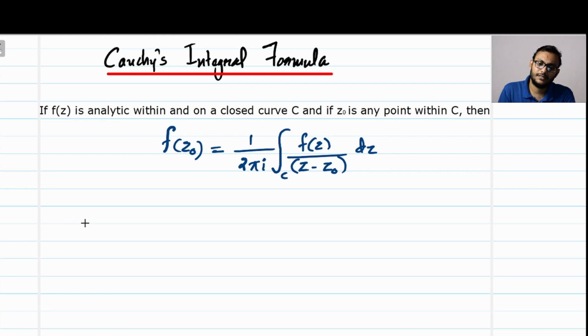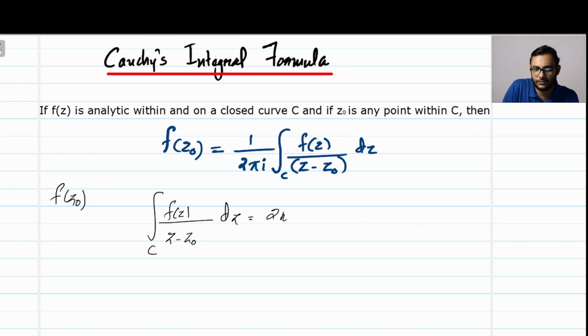So this Cauchy's integral formula is for a point z0 at which our function becomes f of z0, and it is given by 1 by 2 pi I into contour integral over C f of z divided by z minus z0 dz. Say if we know f of z0, that is the value of f of z at z equal to z0, then we can find the integral over C f of z by z minus z0 dz equal to 2 pi I into f of z0.